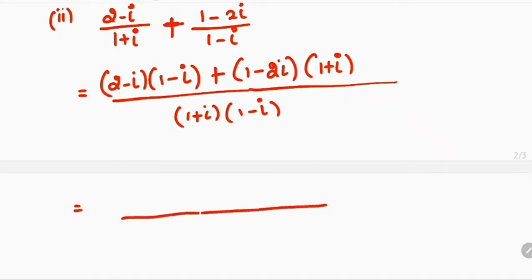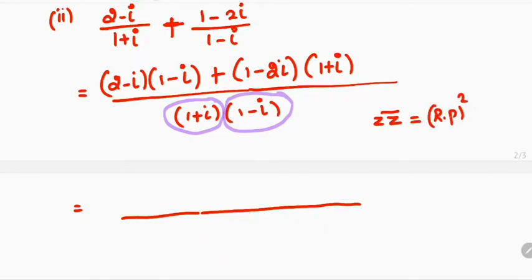After writing this, you look at the denominator. What is the denominator? It is z times z bar. So you know very well, it is nothing but the real part squared plus the imaginary part squared.